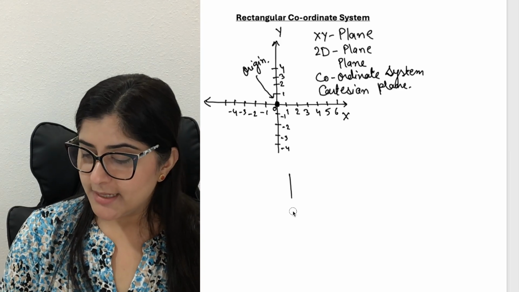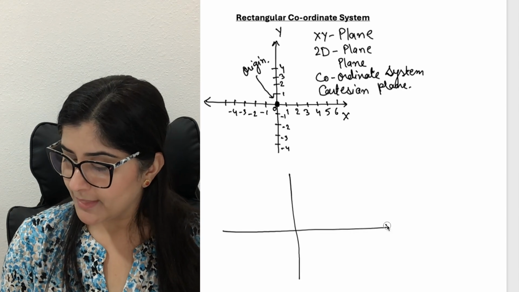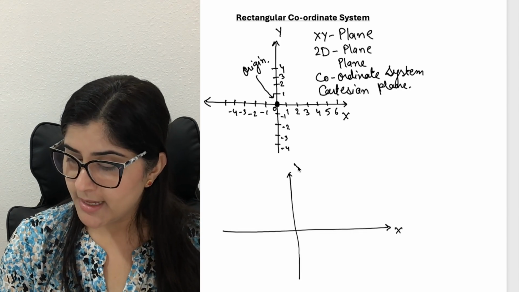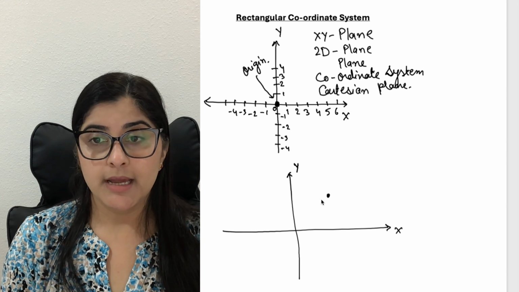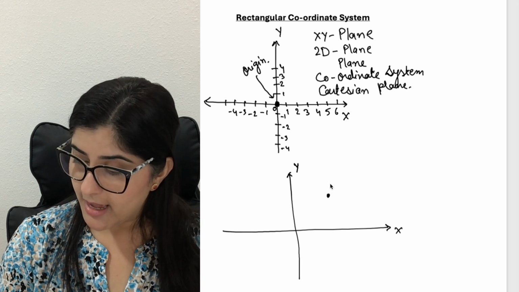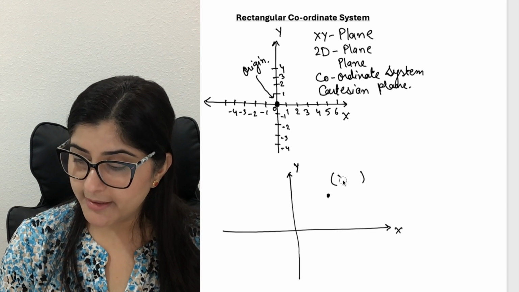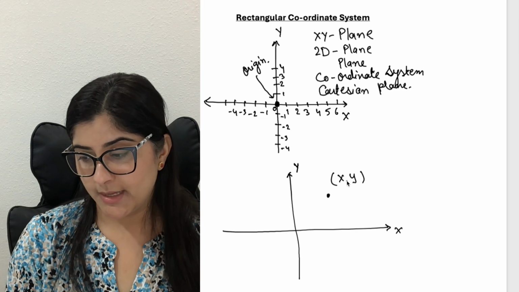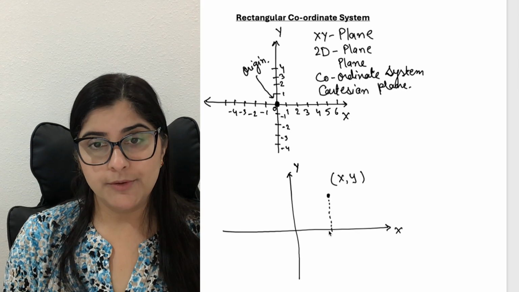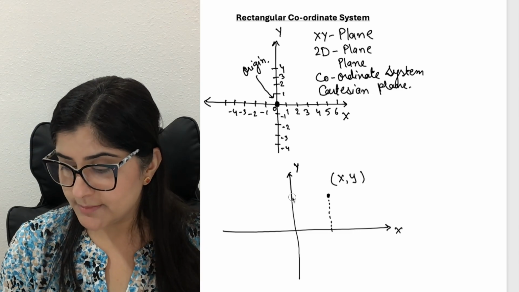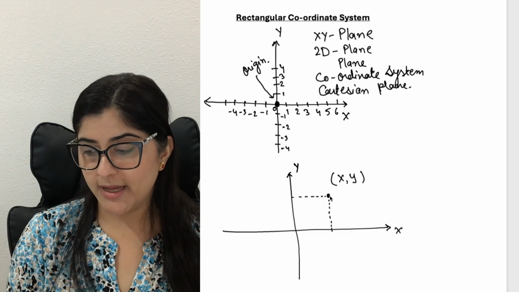So any point in the xy plane can be written as an ordered pair x, y, because this point corresponds to some value of x and it belongs to some value of y.